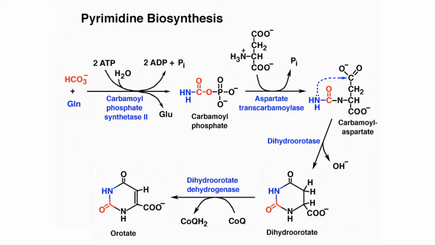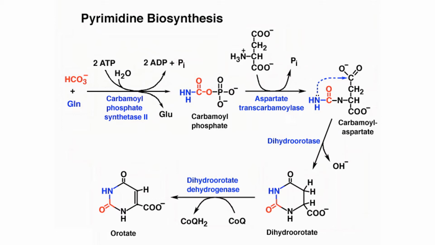In the second step, so here we have our carbamyl phosphate, the carbamyl group is transferred to the alpha amino group of aspartate. So we have aspartate coming in, and that amino group then is going to be transferred to aspartate. The enzyme responsible for this reaction is aspartate transcarbamylase.